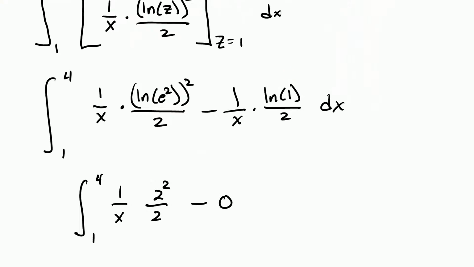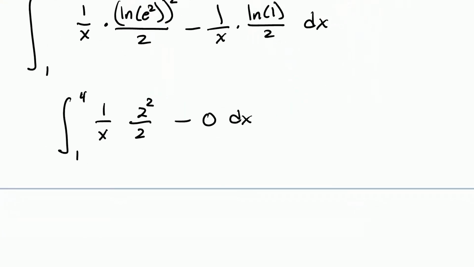And so I'll just write down 0 because 0 times anything is 0. And then we're left with just the integral from 1 to 4 of 2 over x. So that's it. Almost there. One more step, and then we'll finish things up.